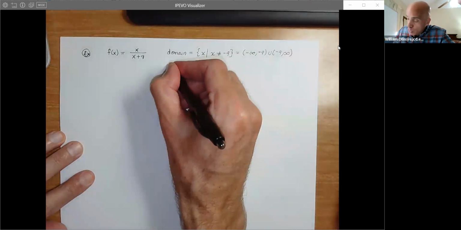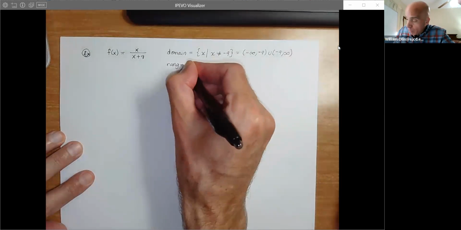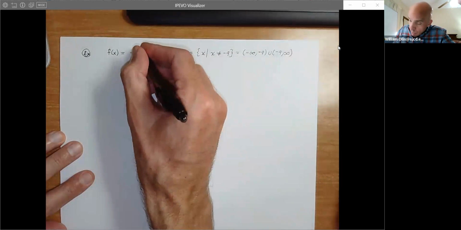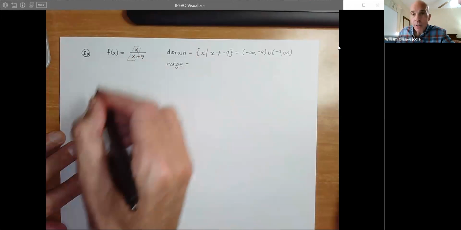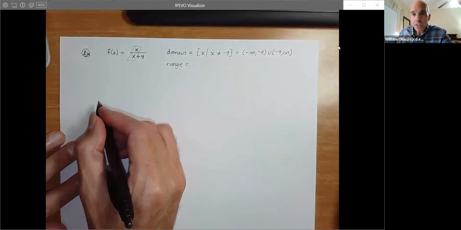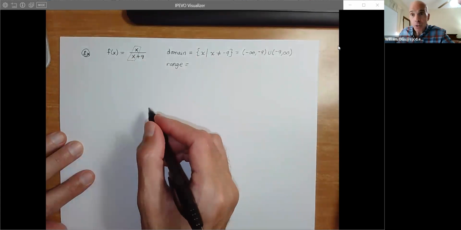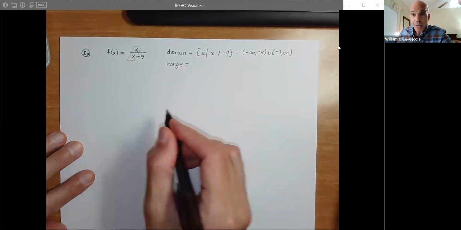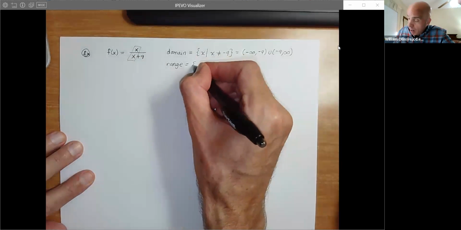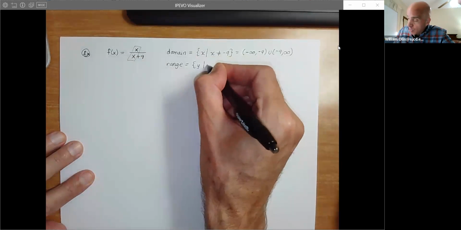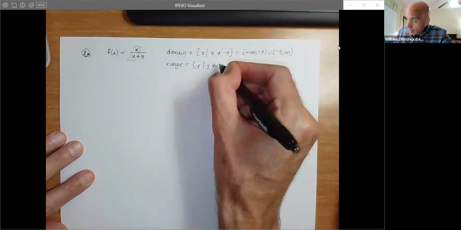And now the range, we've already solved this problem. We've got that 1 there, the ratio of leading coefficients. We know that 1 is not in the range. We proved that with the last problem, and we don't have to do it again unless I ask to see it. So this will be all y such that y does not equal 1.